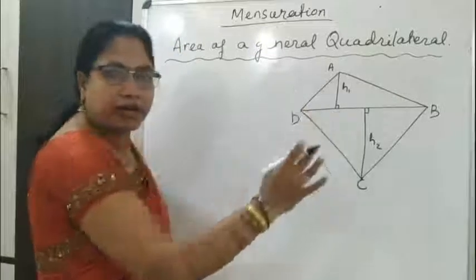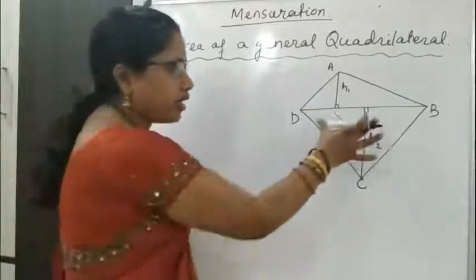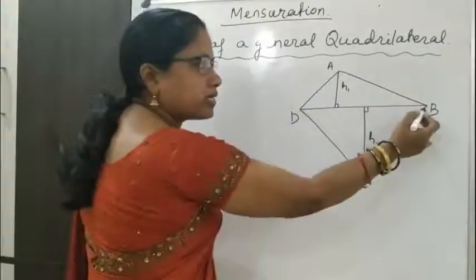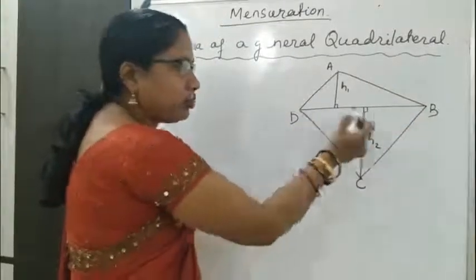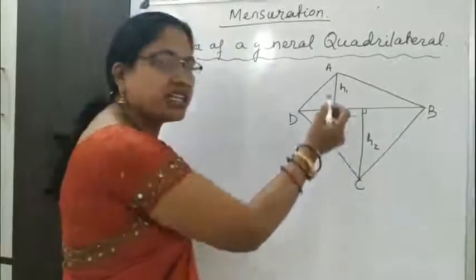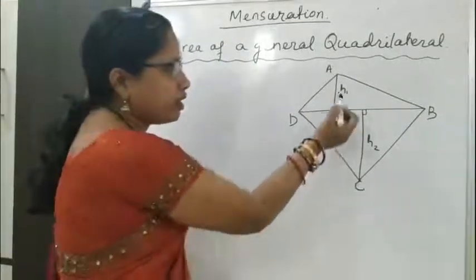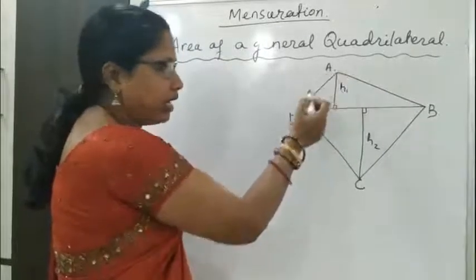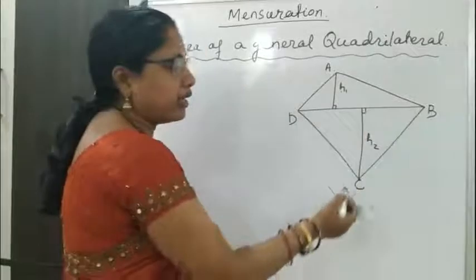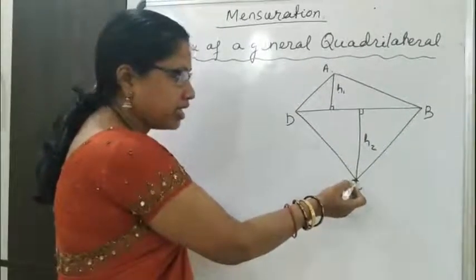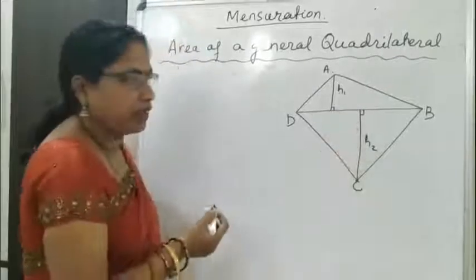To find the area of this quadrilateral, I have joined the diagonal BD. So here BD is given, and to BD the heights or altitudes from opposite vertices are also given. Here H1 is the height from vertex A to the diagonal BD, and H2 is the height from vertex C to the diagonal BD.